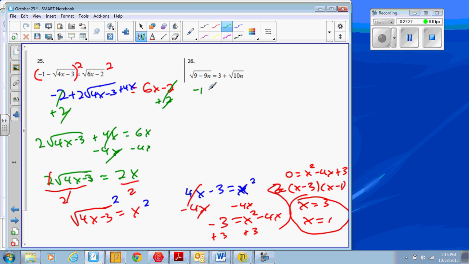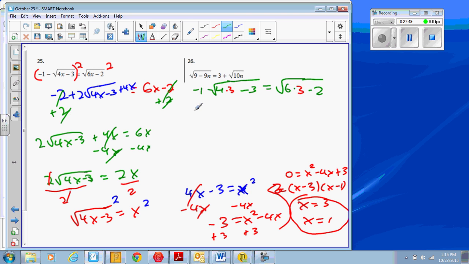negative 1 minus 4, square root of 4 times 3 minus 3, that's also the square root, equals square root of 6 times 3 minus 2.